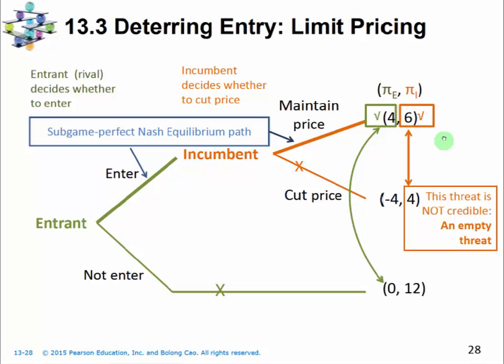Here, our assumption is that this entry game is only played once. However, if this game is played repeatedly and there's incomplete information about the payoffs to the incumbent, starting a price war may still be an effective way to deter entry.